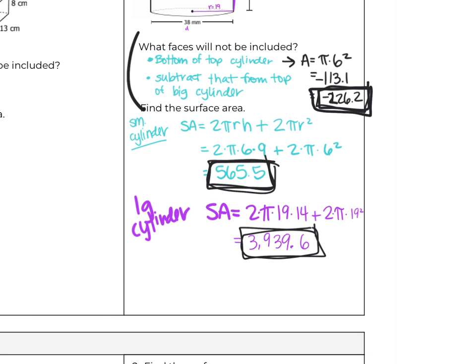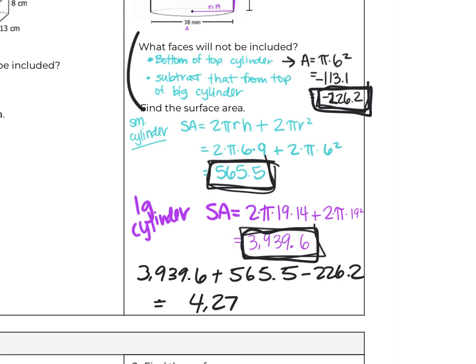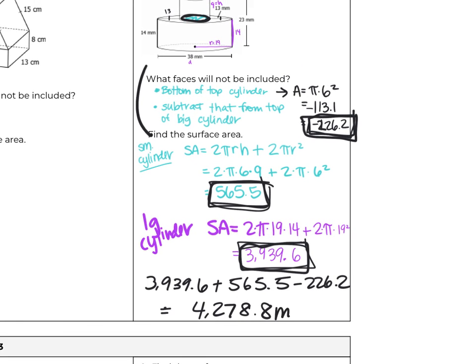The 565.5 and the 339.6. So I would type that in like plus 565.5 minus 226.2. Okay, which should have given you 4,278.8 millimeters squared.